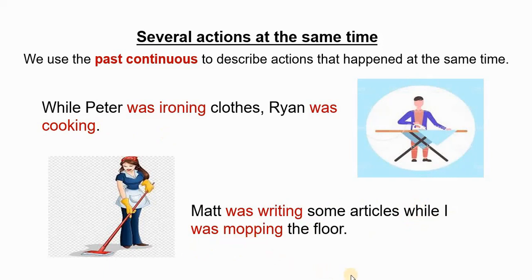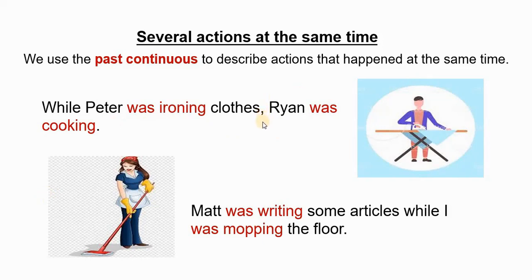Alright? And notice, guys, that if we have while at the beginning of the sentence, then we must write a comma here. While Peter was ironing clothes, we have to write a comma here. Ryan was cooking. Okay? We have to write a comma here because there is a pause.